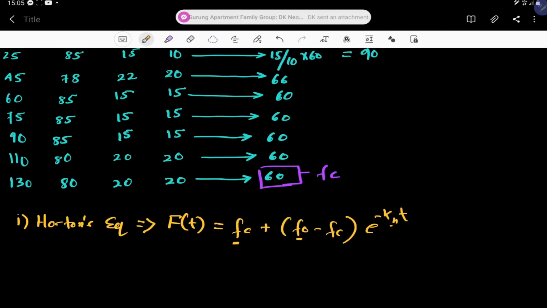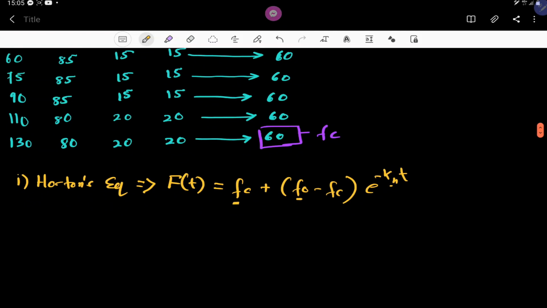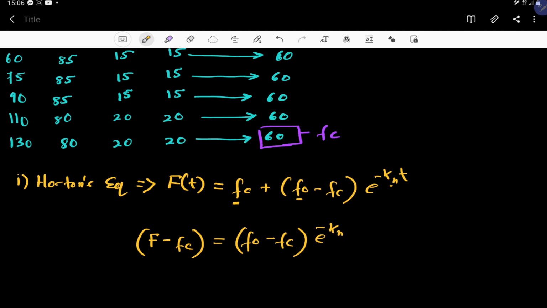To find the value of kh, let us first take this fc to the left hand side. So it's going to be f of t, we need to understand that it's a function of time, minus fc is equal to f naught minus fc multiplied by e raised to minus kht.